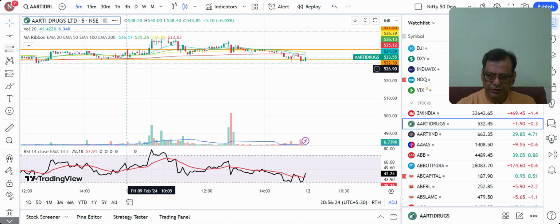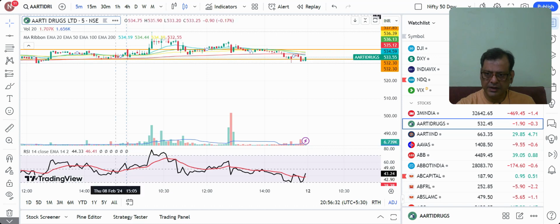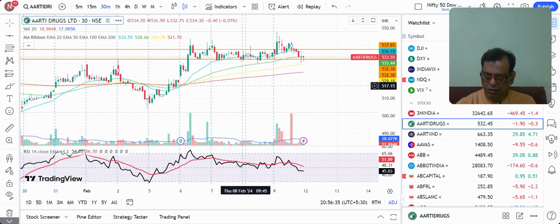Now, where are you going to keep your stop loss? You're going to keep your stop loss at the low of the, let's switch to 30 minutes.